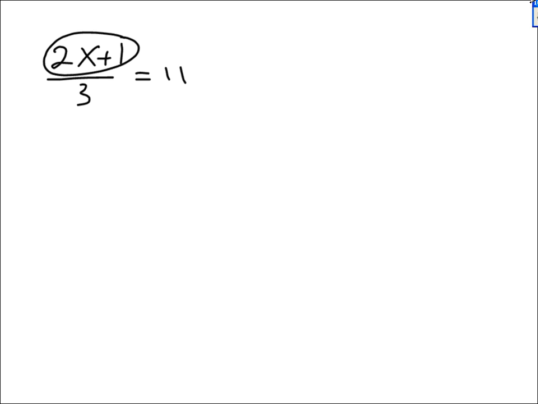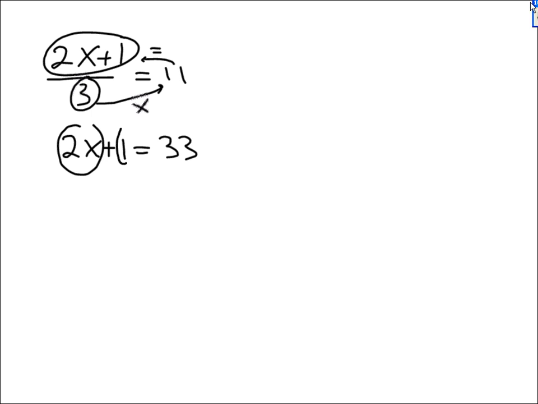Well, what's the numerator? Oh, that's easy. It's 3 times 11. 3 times 11 equals the numerator, whether the numerator is hard looking or easy looking, whether the bottom is hard looking or easy looking. You have 2x plus 1, the numerator, is 3 times 11, which is 33.